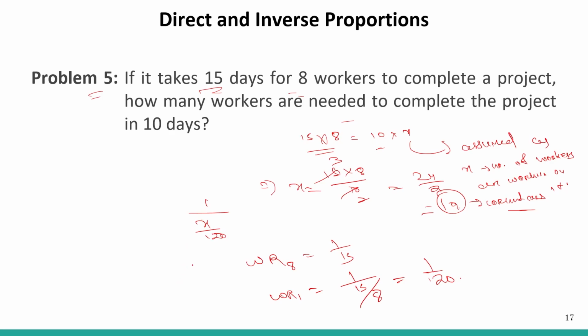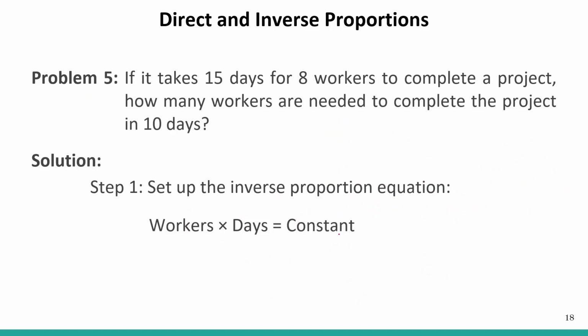In order to cover this in 10 days, X by 120 is equal to 10. So this implies that X is equal to 120 by 10, which is 12. So X is equal to 12 is the final answer.